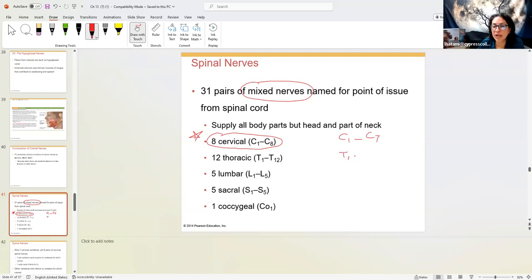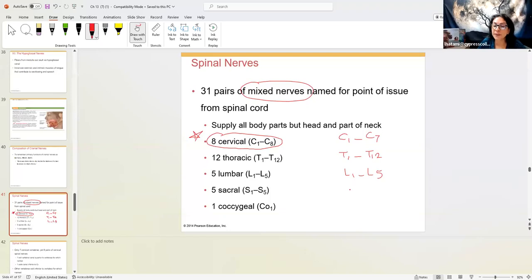We have 12 thoracic vertebrae from T1 to T12, and 12 thoracic spinal nerves from T1 to T12. We have 5 lumbar vertebrae, L1 to L5, and 5 lumbar spinal nerves, L1 to L5.